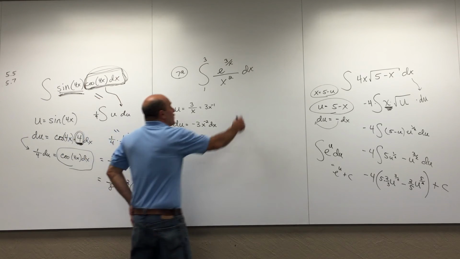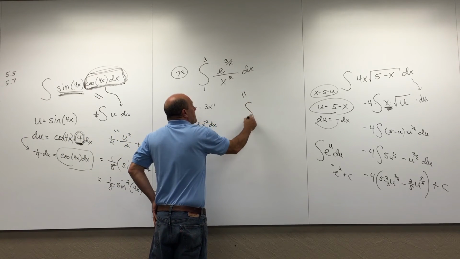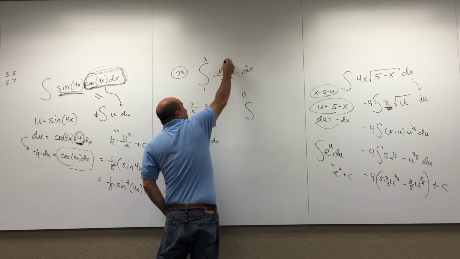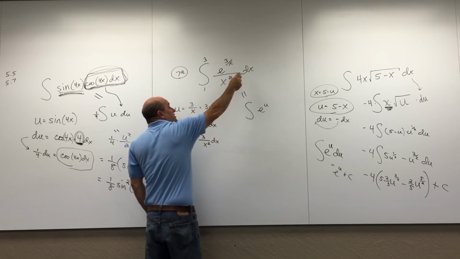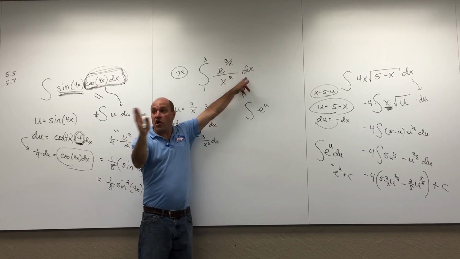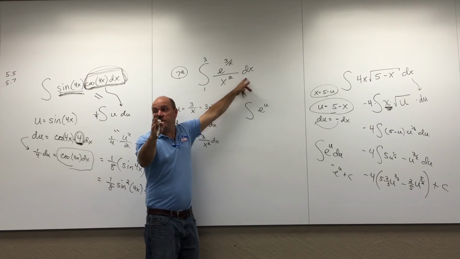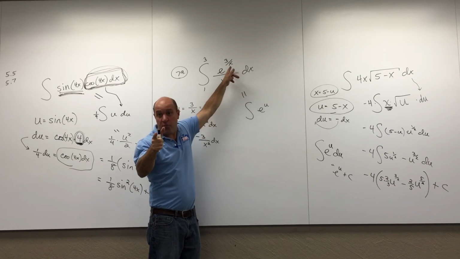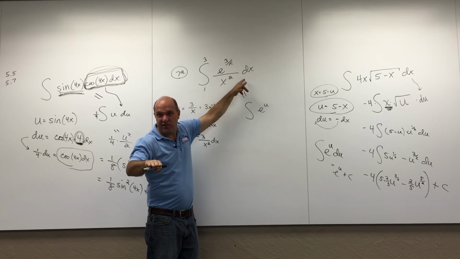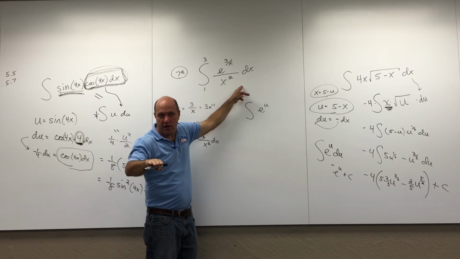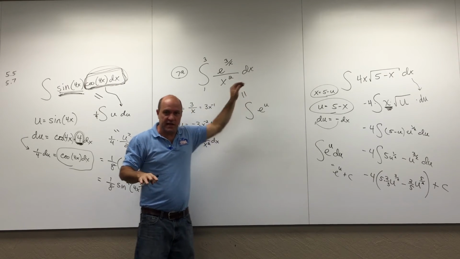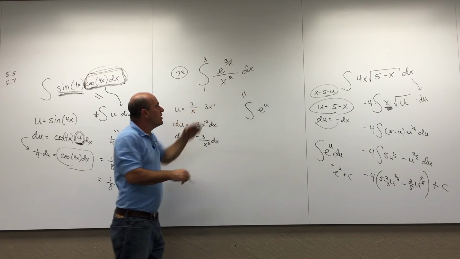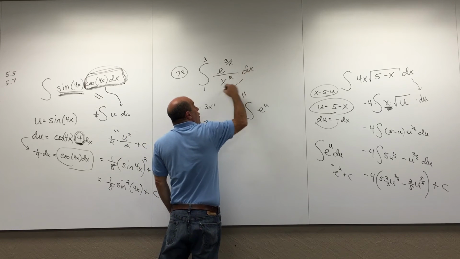Well, let's see. If you start replacing this stuff, what you have is e to the u. And then you have this, where the dx is always off to the side. If it's off to the side, you can consider it in your numerator. It's never considered to be in the denominator, and you never want to end up with it there. So what this is, is dx over x squared.